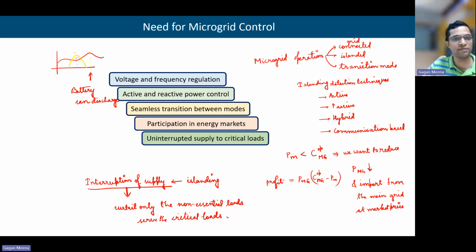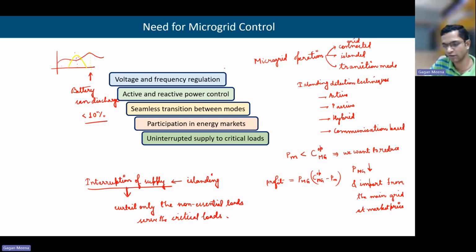Okay, but if the battery discharges more than 10%, if the charge goes below 10%, then it is not good for the health of the battery. It will reduce its life cycle. That's why we want to avoid this kind of operation. In that case, we'll have to curtail the load. But we'll curtail the loads which are not required, which are not that critical.